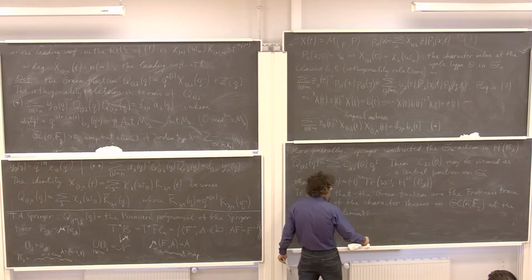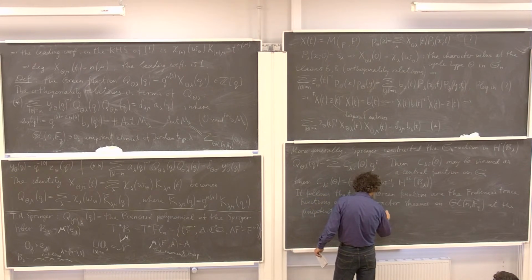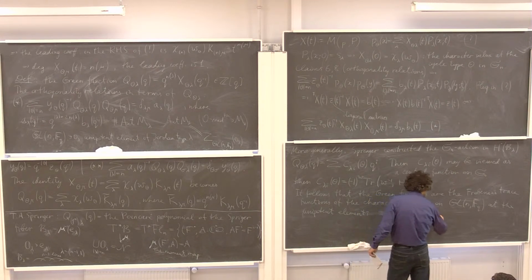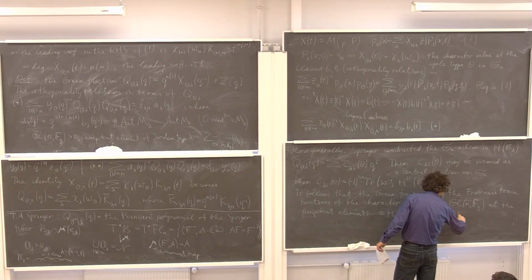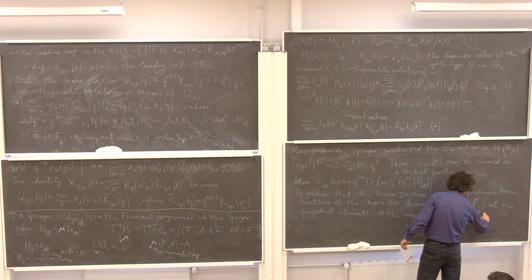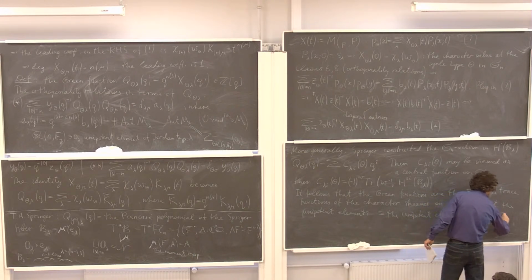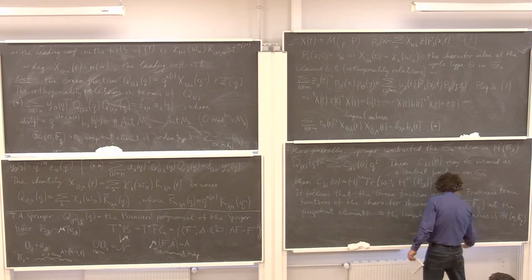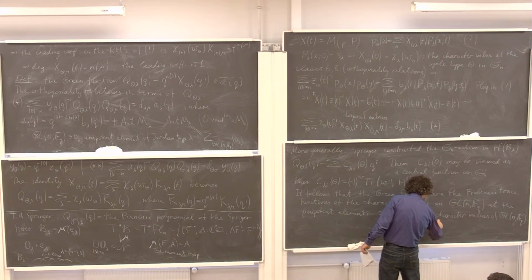And in this particular case, it's the same as the unipotent character values of GL_n(F_q) at unipotent elements.